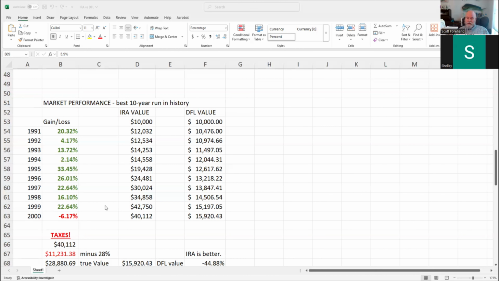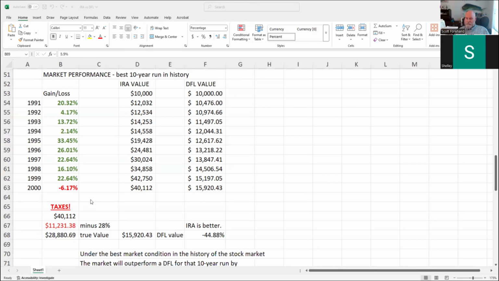So in this example, if you got in at exactly the right time and called it exactly right one time in the last 50 years, your $10,000 investment would have turned into $40,000. After you paid the taxes on that, you would have received 28.8. In our same investment strategy with the debt-free life or infinite bank program, we would have only returned 15.9.